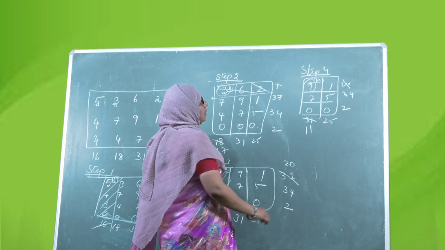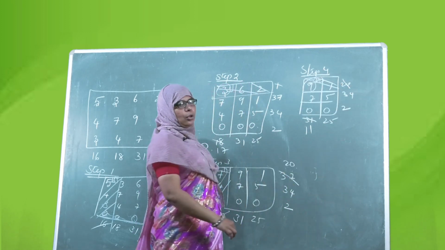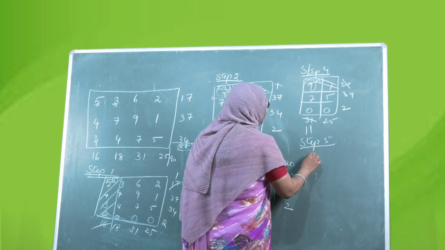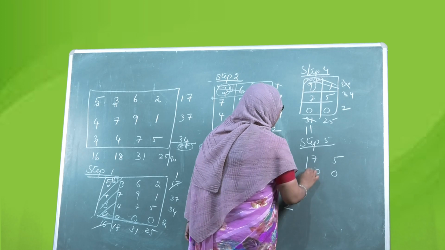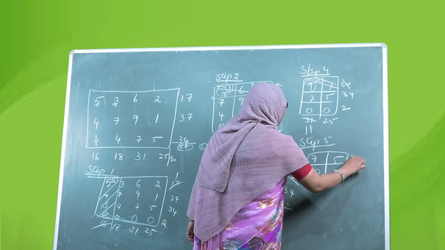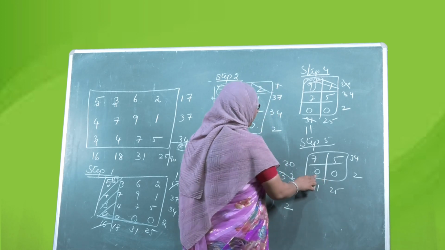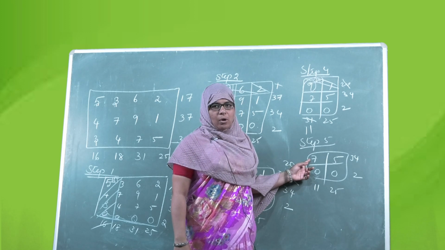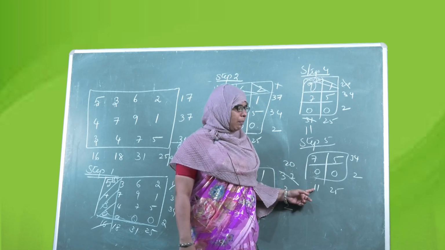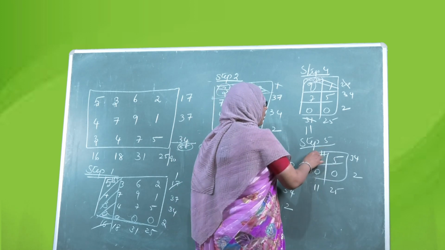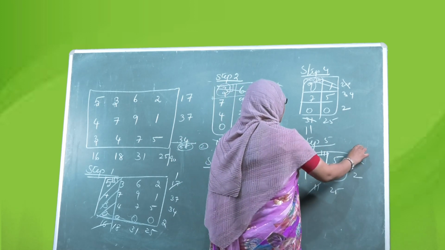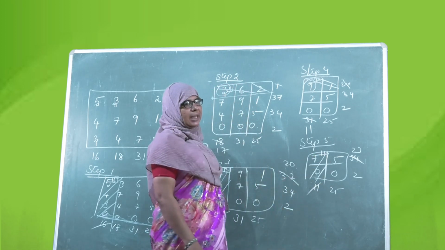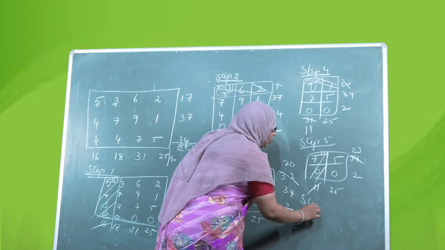We are getting 11. So 20 is vanished, that's why the first row completely vanishes. You move on to step 5. So 7, 5, 0, 0, and 34, 2, 11, 25. What is the northwest element? 7 is the northwest element and the minimum element is 11. So you have to allocate 11 and subtract. Then 23. So the first column completely vanishes. You move on to the next step.